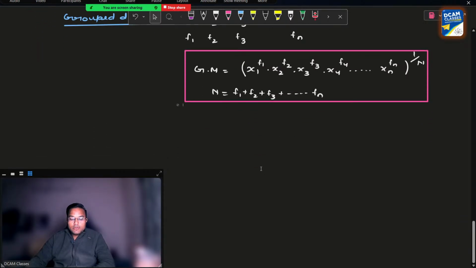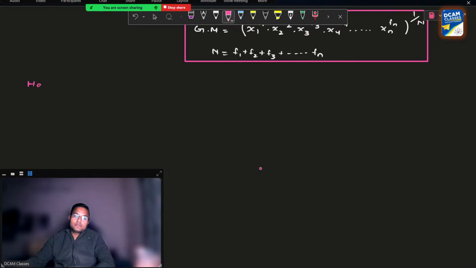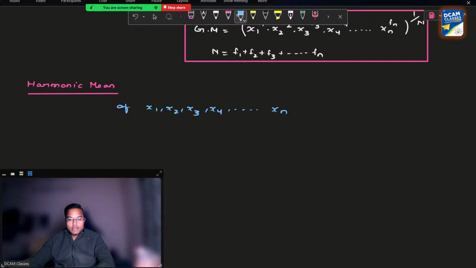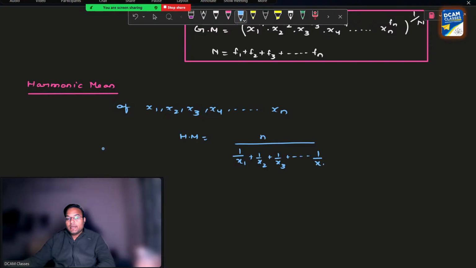Now let me tell you about the harmonic mean also. Of x1, x2, x3, x4, xn, harmonic mean is defined as HM is equal to n divided by (1 by x1 plus 1 by x2 plus 1 by x3, so on and so on, 1 by xn).